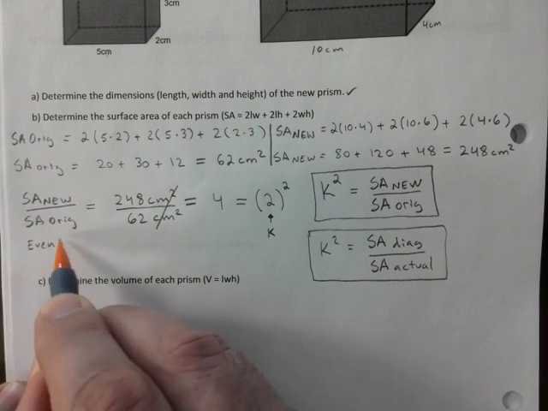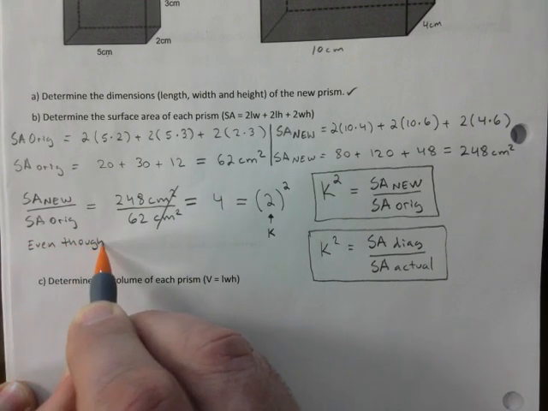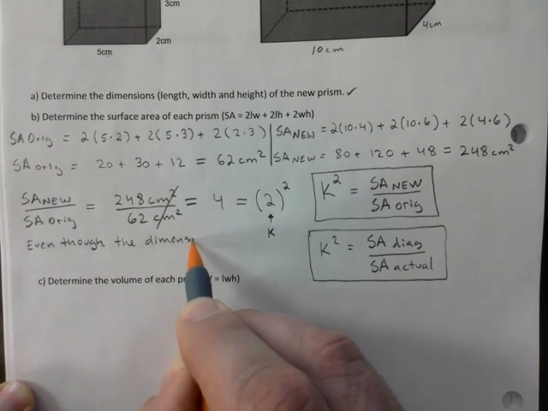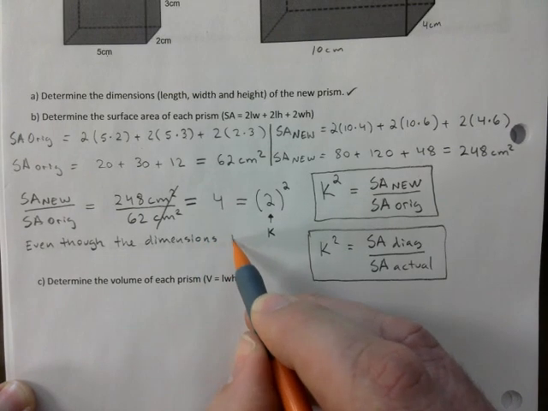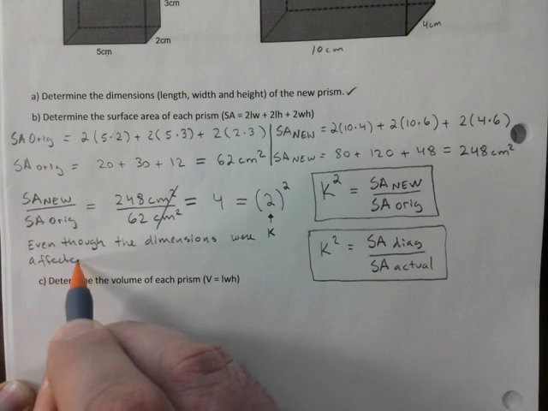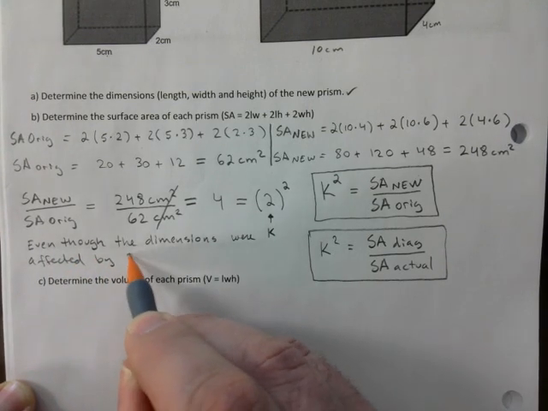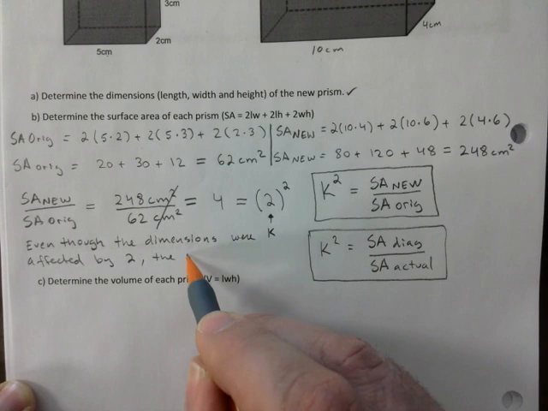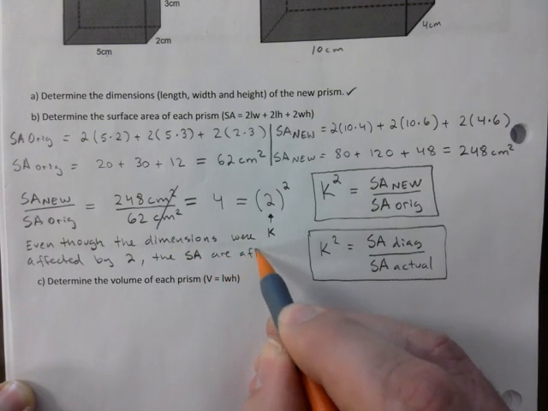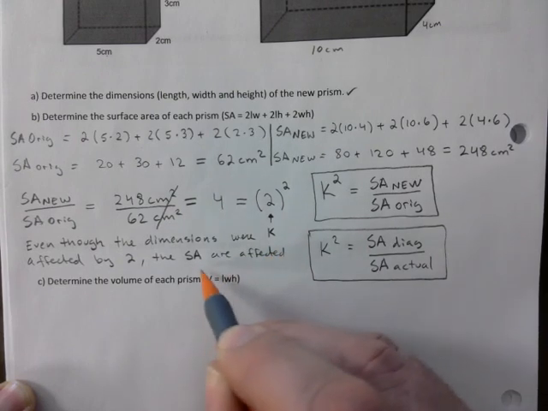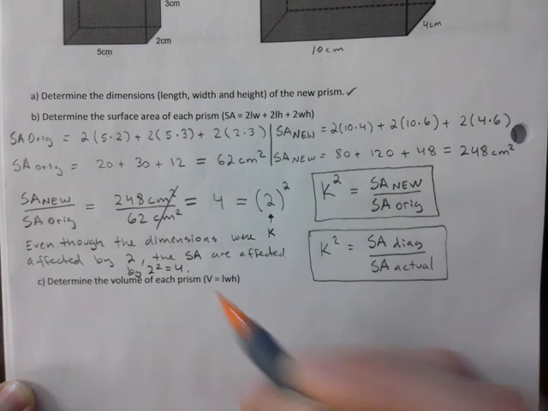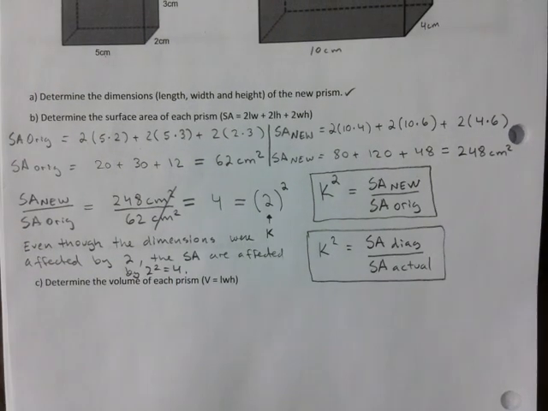Even though the dimensions were affected by 2, these surface areas are affected by 2 squared, which is 4. I hope that fits in your notes.